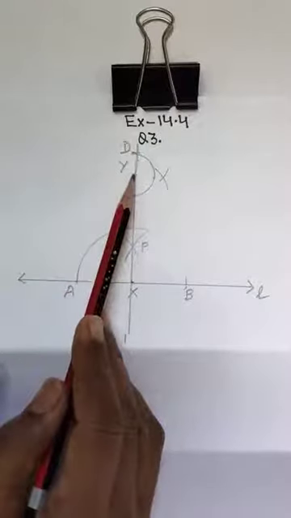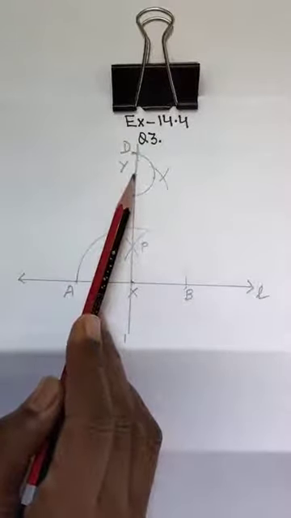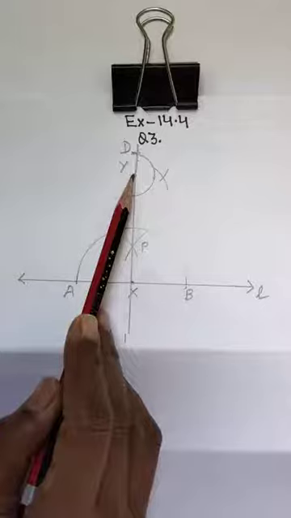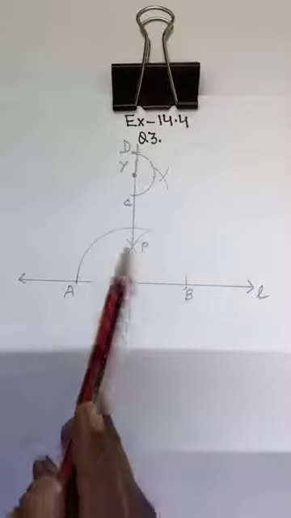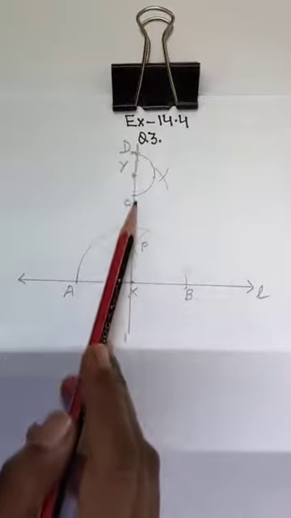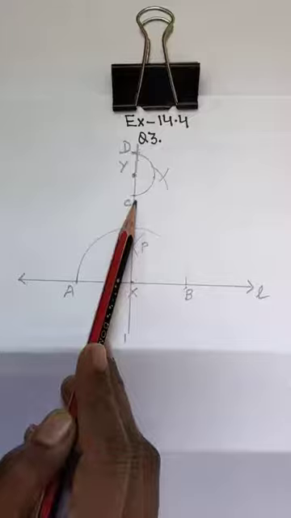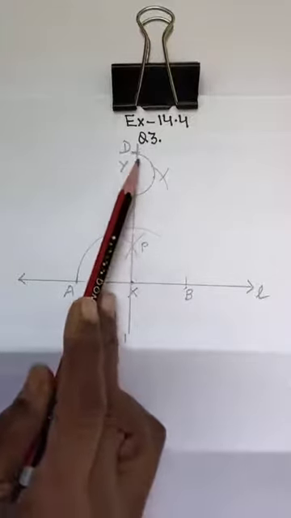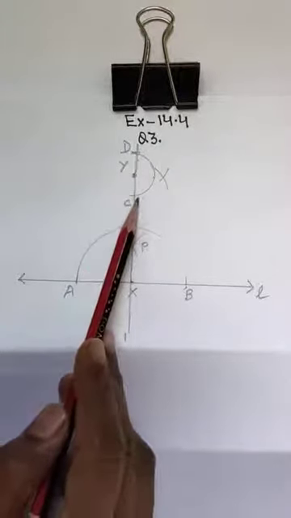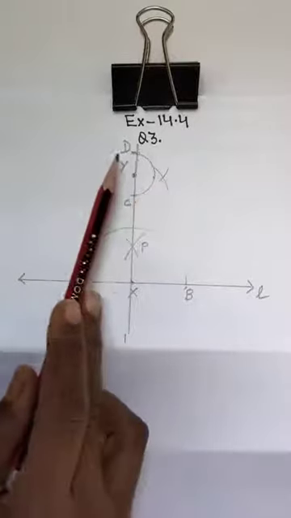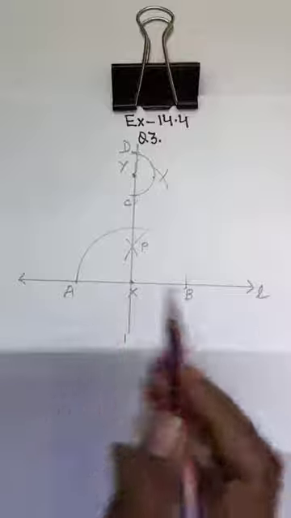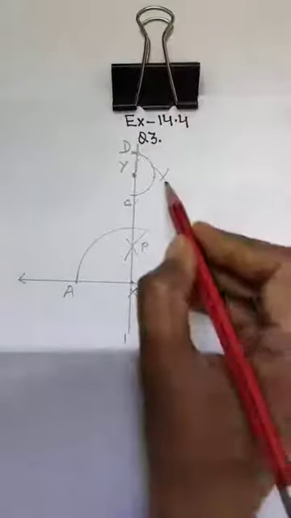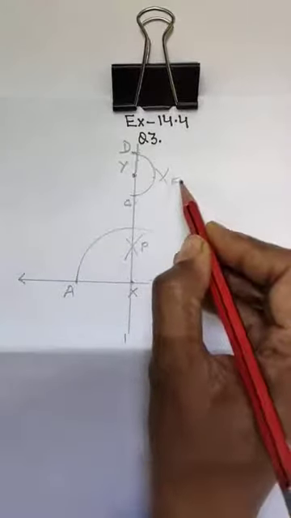Now from Y, place the pointer on Y and open your compass, draw one arc which will cut XY at 2 points C and D. Open your compass now more than half of CD. From C draw one arc. From D draw one more arc which cut each other at, let it be F.